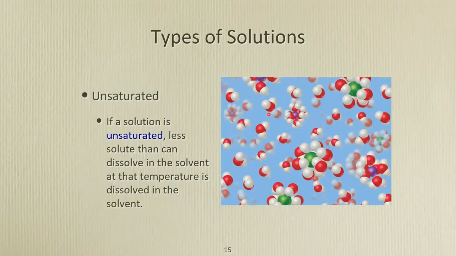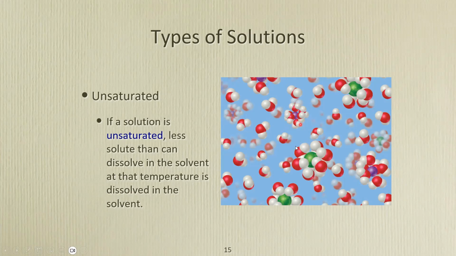And then if we're below that maximum, that threshold, we consider that an unsaturated solution, because we still have the ability to dissolve more of that solute. With the dissolution process, like we mentioned earlier, the water molecules surround the solute itself.